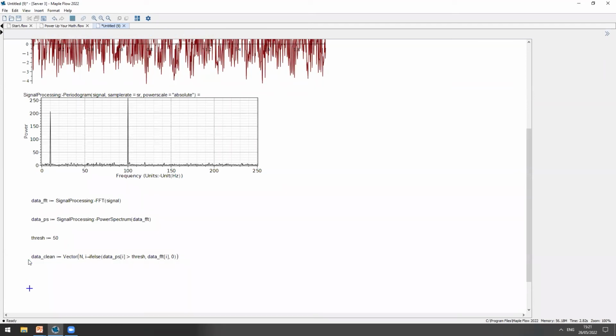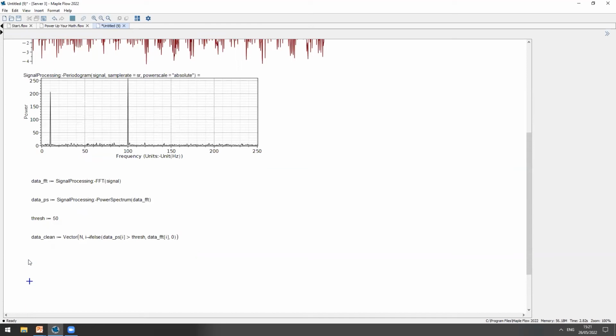So let's now invert that filtered FFT data to the time domain. I know the time domain signal will have very, very small imaginary numbers in there somewhere. So I'm going to only extract the real part of the inverted data.